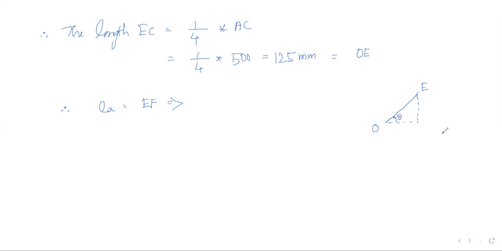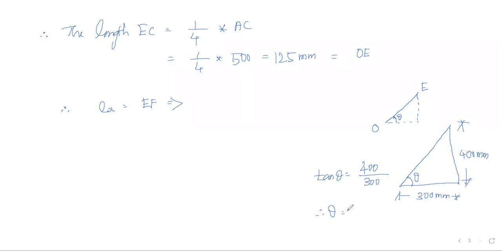This theta we can calculate from the section. This is 300 mm and this is 400 mm. So tan theta is equal to opposite by adjacent, 400 by 300.